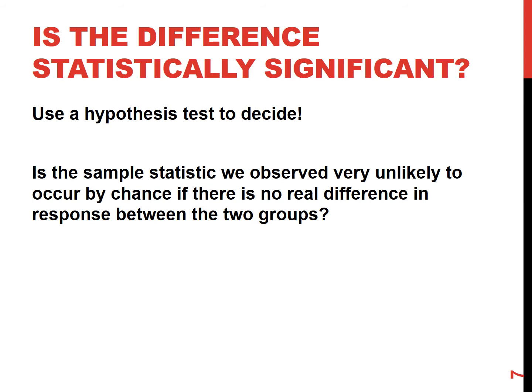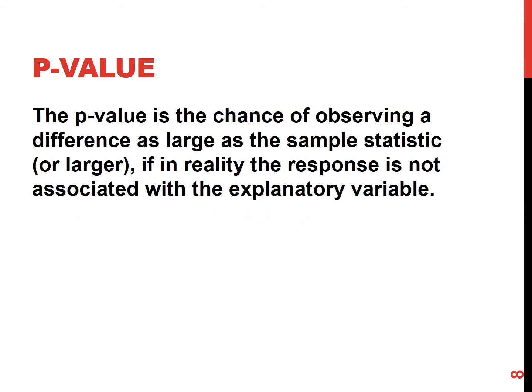That's what we need to find out. Now the p-value, remember, measures the chance of observing a sample statistic like ours, so a difference as large as our sample statistic, or even a bigger difference, if in reality the response has nothing to do with the explanatory variable. That is, in our situation, that the pain score has nothing to do with the type of surgery that people had.